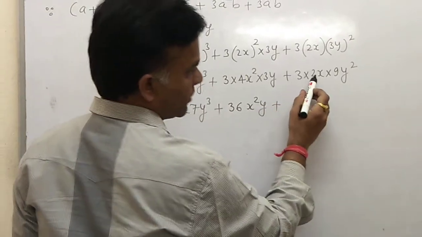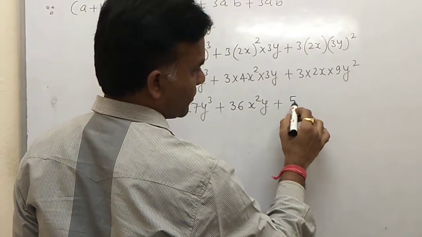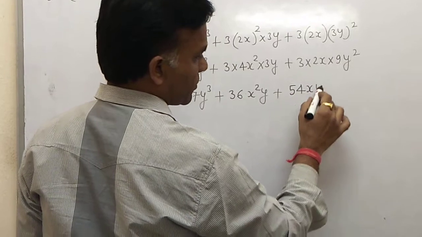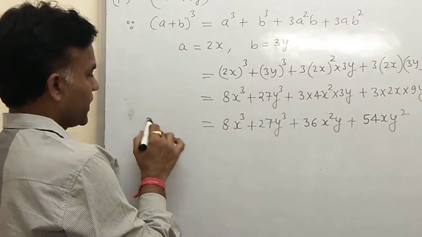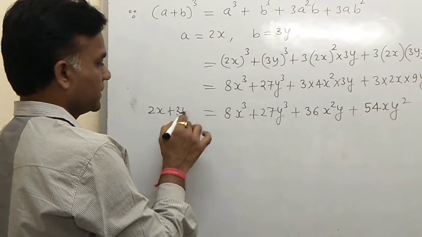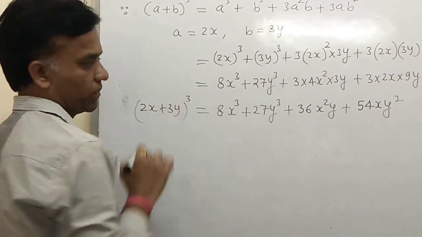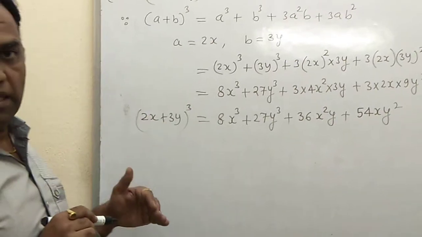Similarly 3 twos are 6, 6 nines are 54, xy². So this is the expansion of (2x + 3y) whole cube. This is a very easy expansion.